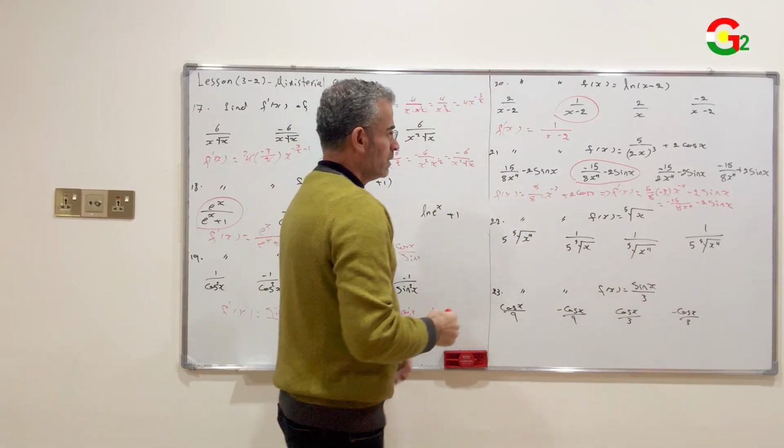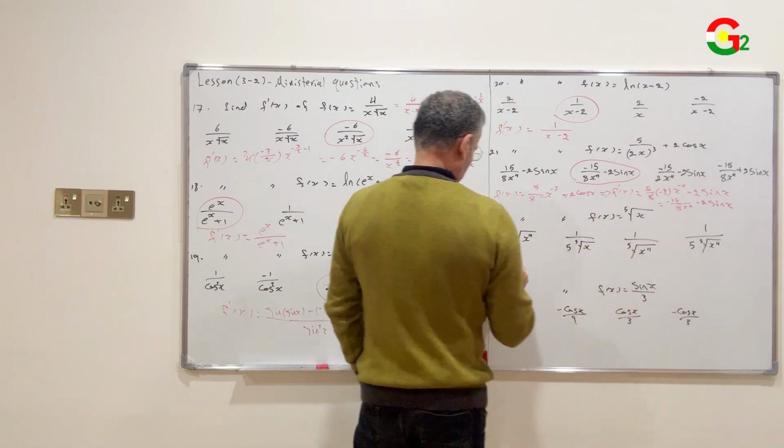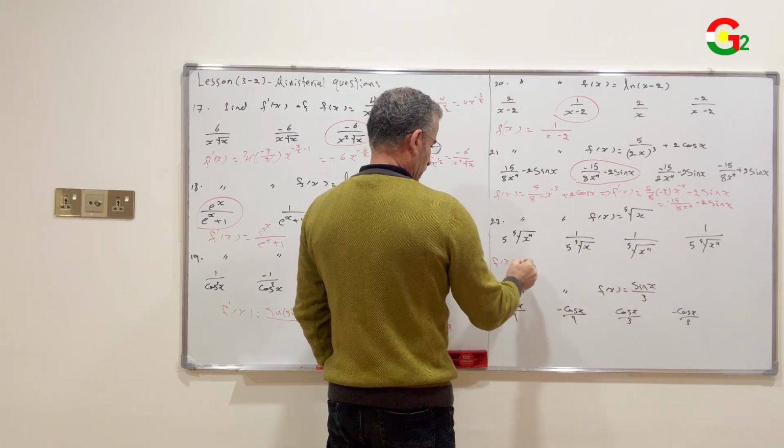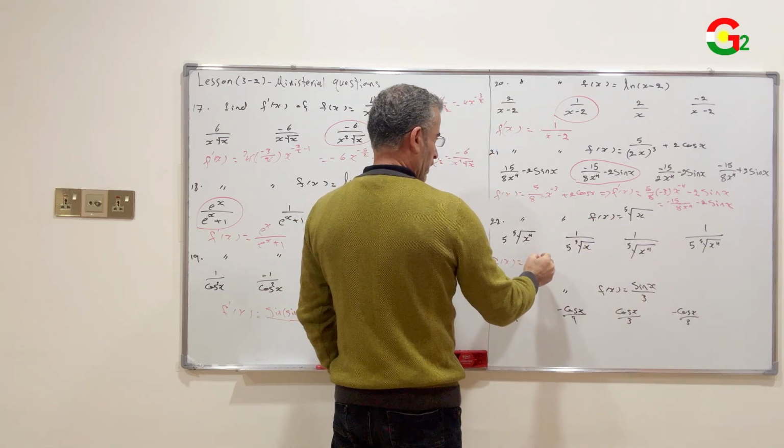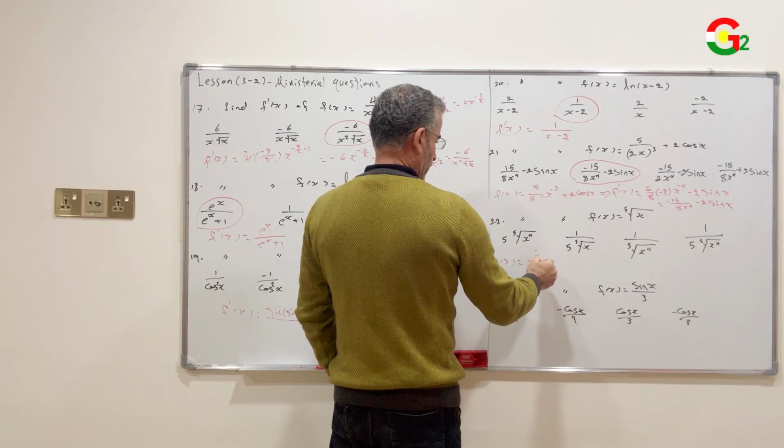Question number 22. Find the derivative of this function. Rewrite it as x to the power 1 over 5.